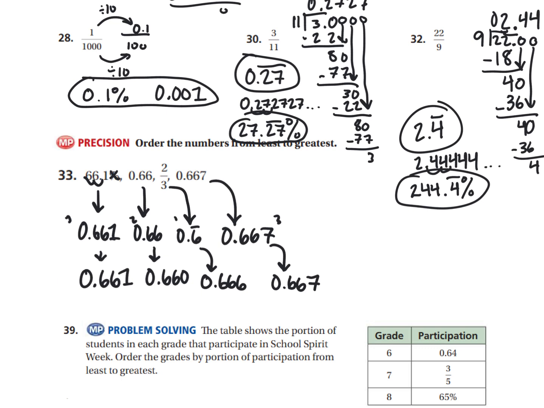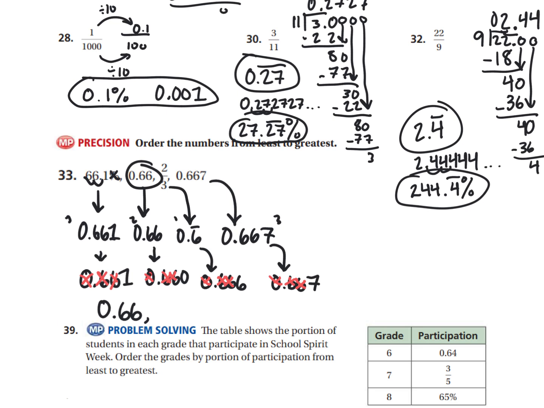Now it is nice and easy to compare these, right? Comparing the ones digits, they all have zeros. The tenths digits, they all have 6s. Hundredths digits, they all have 6s again. And then the thousandths digits is where it gets a little different, right? My least is 0, so I know that one's going to come first. And again, when we order, we put it back into the original form.